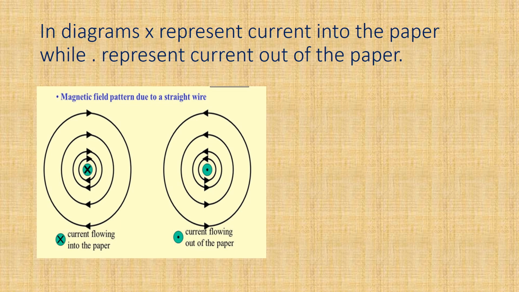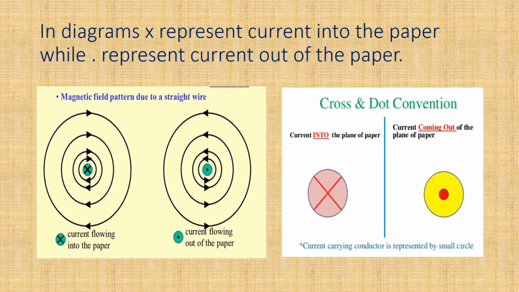But if you see a dot, that means that current is coming towards you. That means it's coming out of the paper towards you. So current into the paper, a cross. Current out of the paper, a dot.